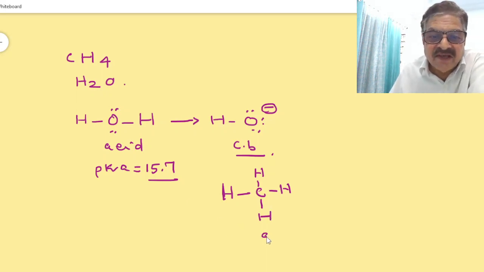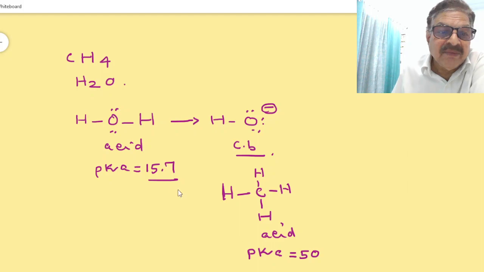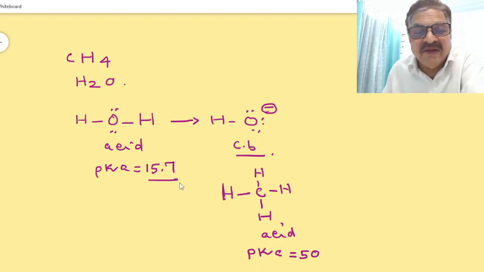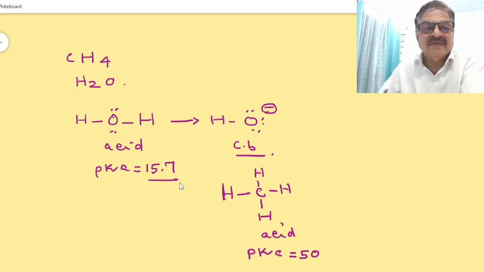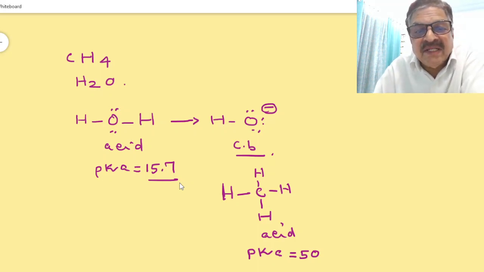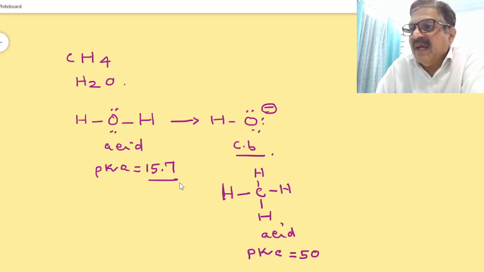This is also an acid, and its pKa value is equal to 50. We know the smaller the pKa value, the stronger the acid. pKa 50 means it is a very weak acid. With pKa 15.7, water is more acidic. The acid strength of water is more compared to methane. The smaller the pKa value, the stronger the acid.